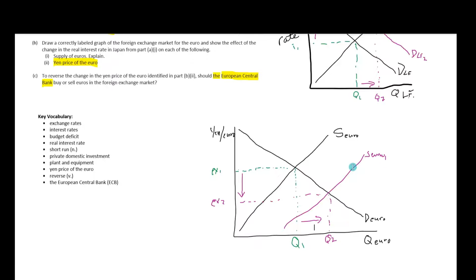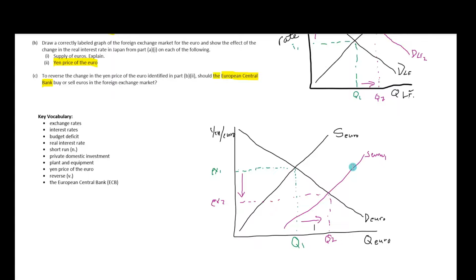It's going to increase the number of yen per euro. The question doesn't ask us how they could do that, but they would do that by using foreign exchange reserves. And the answer then to this question, you do not need to give an explanation. It's worth 1 mark. So you would only need to say that the ECB would buy euros.